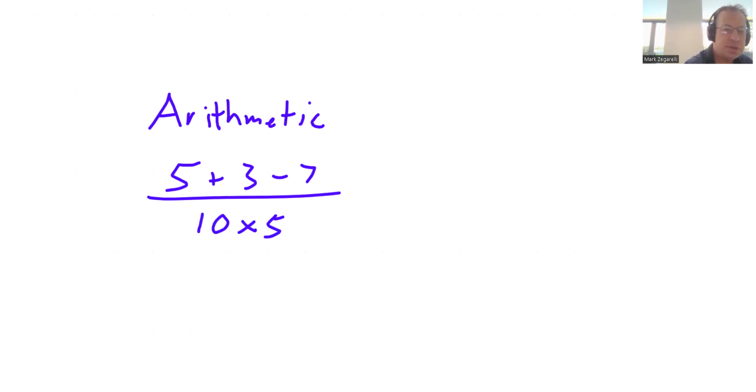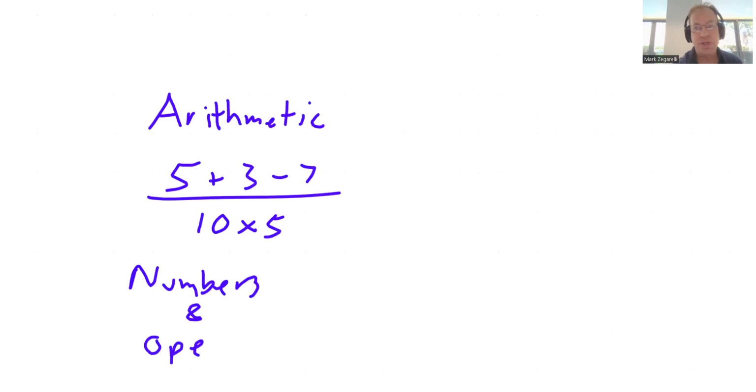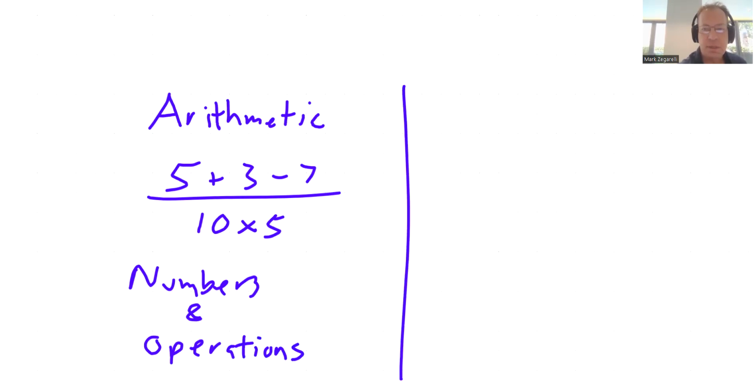Numbers and operations. Operations like addition, subtraction, multiplication, division, and more. Algebra. Okay. Everything from arithmetic. All of this carries over into algebra.